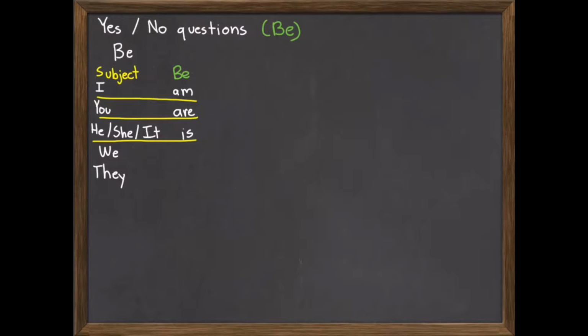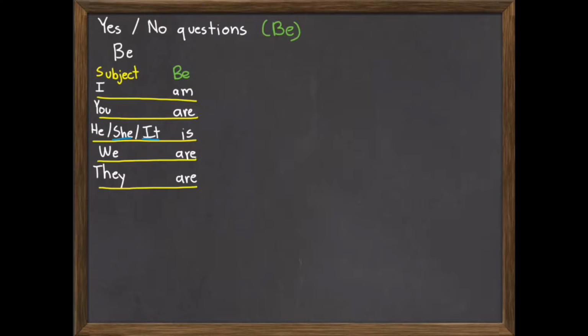He is, she is, it is. For we, again, it would be are. We are. And for they, it would be are again. So again, I am, you are, he is, she is, it is, we are, they are.